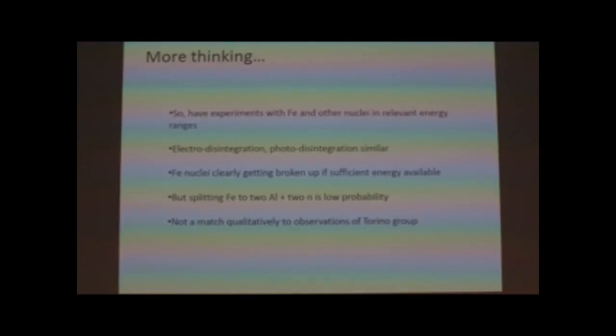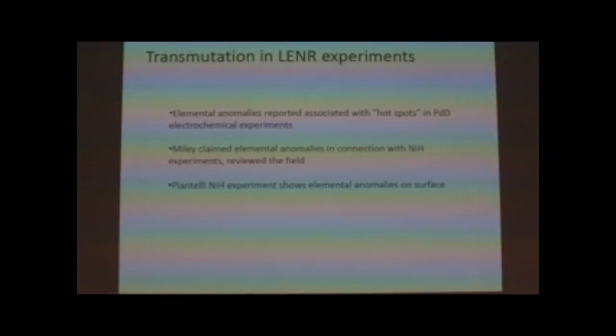But you get everything else out as well. So the experiments in the relevant energy regime, electrodisintegration, photodisintegration is similar. We can break it. Splitting of iron into aluminum-2 neutrons is definitely low probability. And this is definitely not a qualitative match to the observations of the Torino group, at least according to me.